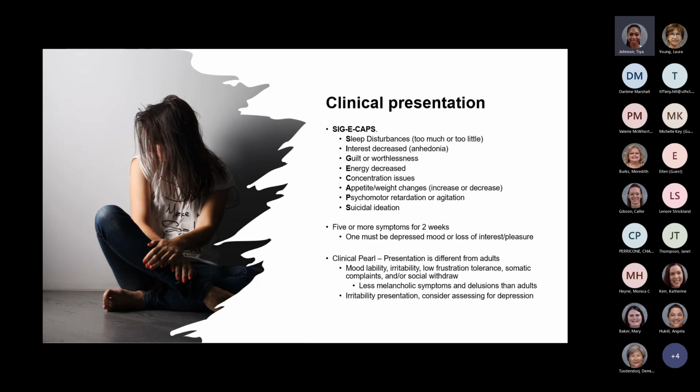As far as clinical pearls, when it comes to children and adolescents, their presentation of depression is different from adults. So with children and adolescents, you may have more mood lability, so changes in their mood up and down. This is what lay people will probably come to you and describe as, my child is bipolar, and it's not true bipolar, but it's a quick changing in mood.